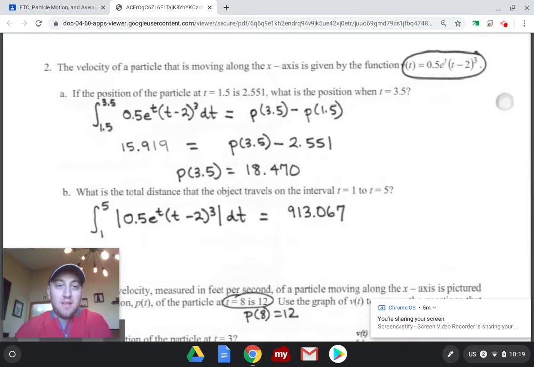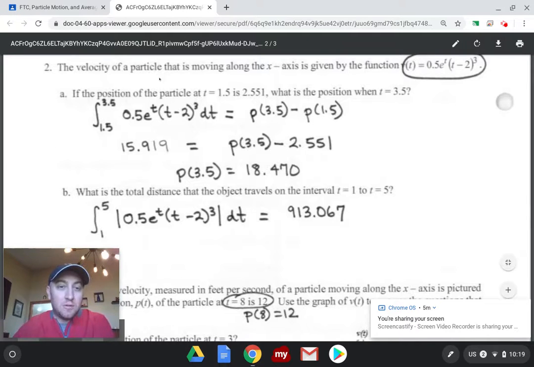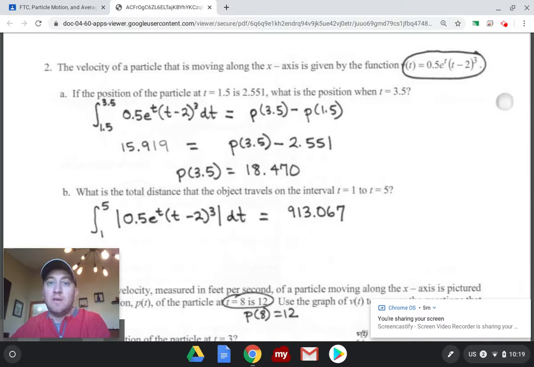All right, sorry. So with this one right here, the main thing is when we go to find the antiderivative of this, you can't do this through calc means. So you're going to have to use a graphing calculator.